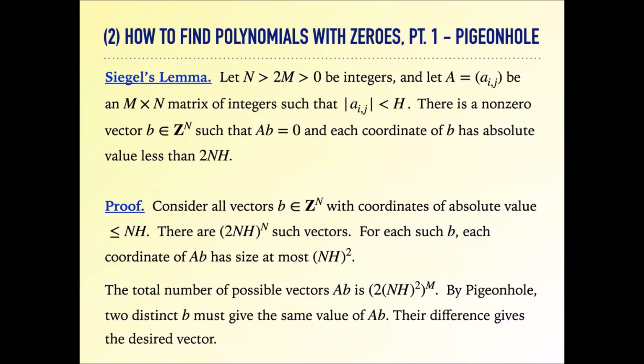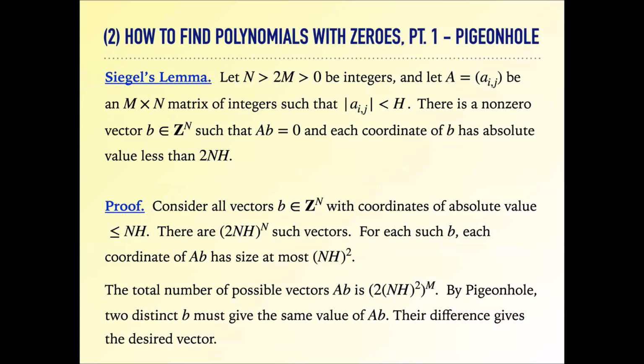Right. So the image of this matrix is going to be a vector of length m, because it's an m by n matrix. So each coordinate has size at most n squared h squared in absolute value.